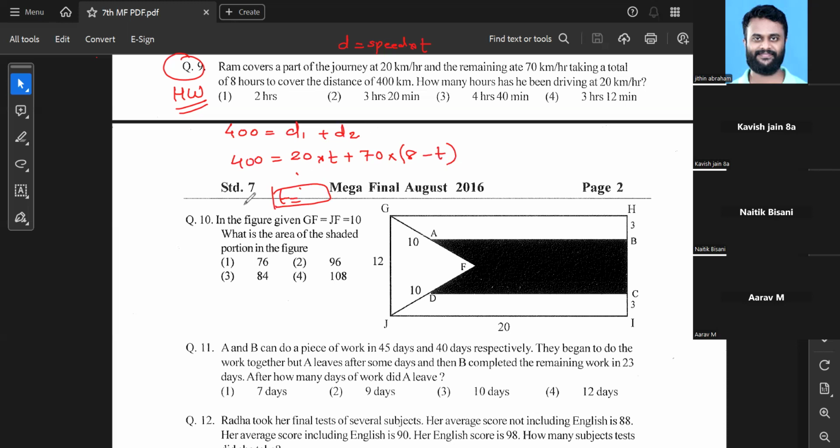I'll just wait for a moment to write these two steps.